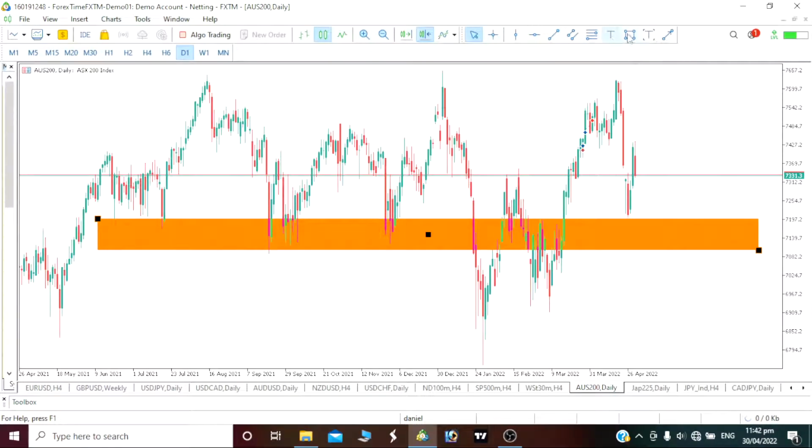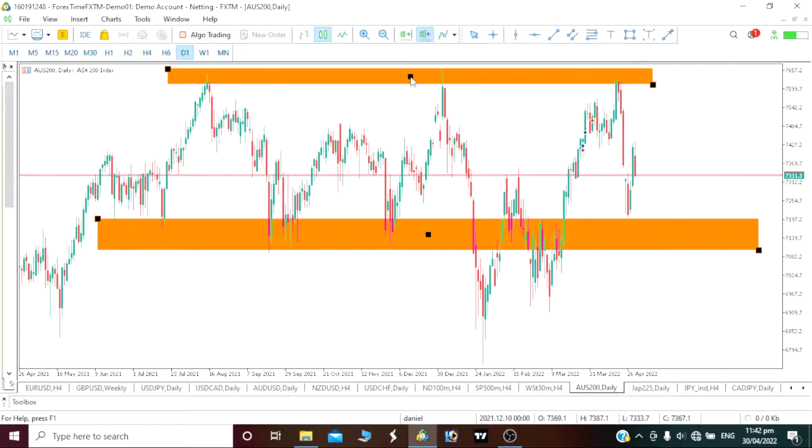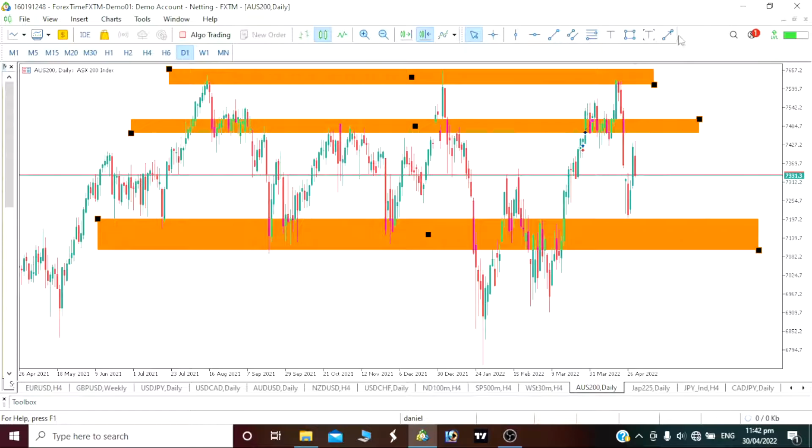I should also mark this top area as resistance, because my price has reacted here. You can take this as a false breakout, or as a mini resistance. We should be seeing our price move within this range. Let's see if our price drops here, then goes up to hit our resistance. That's exactly what I think might be happening this week.